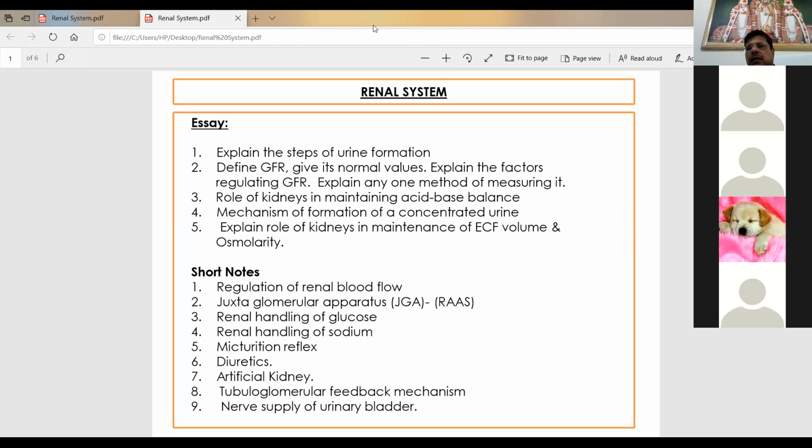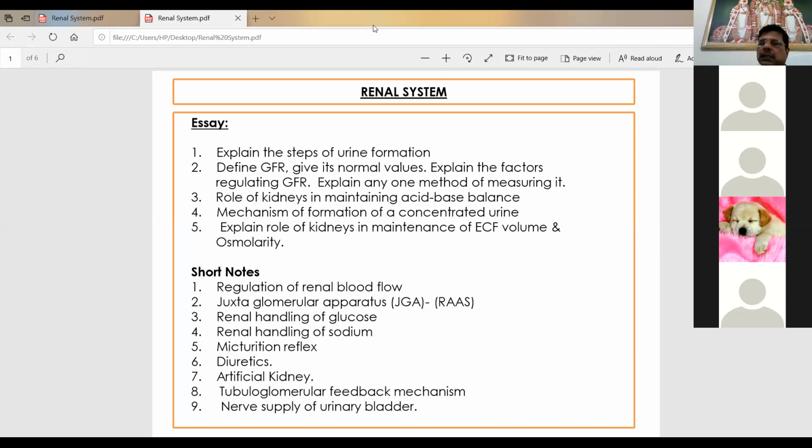And you have buffer systems, kidneys and lungs. The order I changed is buffer systems, lungs, and kidneys. In that order, they react to any changes in acid-base balance.